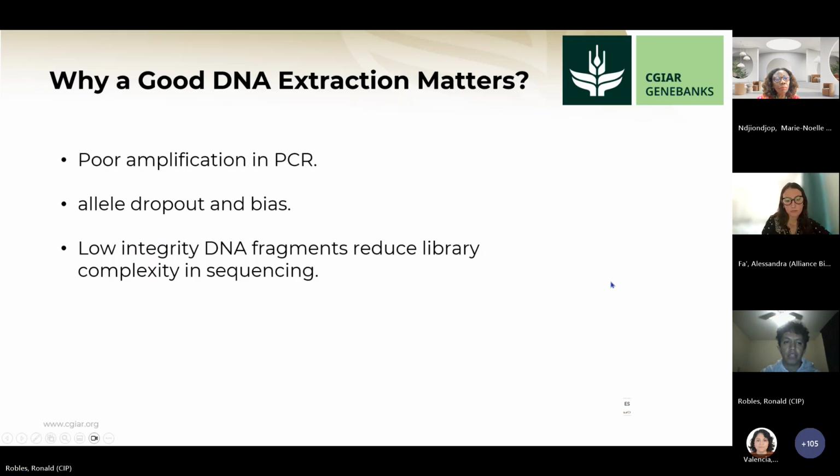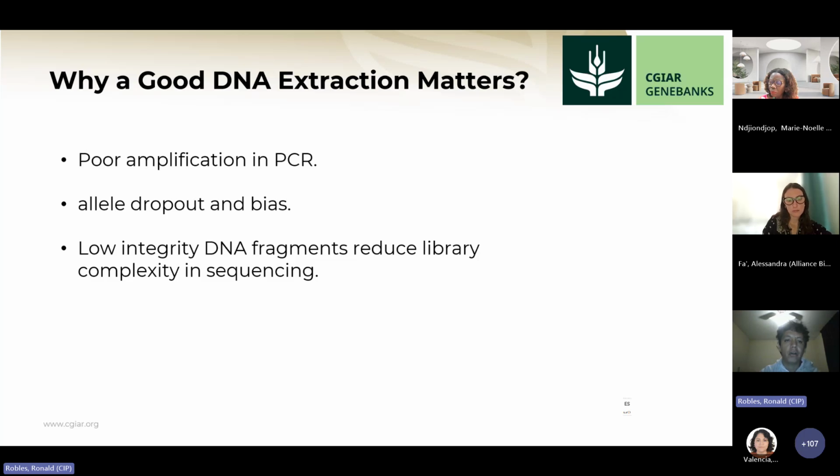Another effect is that low quality DNA produces poor amplification in the PCR. Another related aspect is that low quality DNA produces a bias in the results, because some alleles are produced at very low frequencies and possibly are not obtained or called in our posterior analysis.